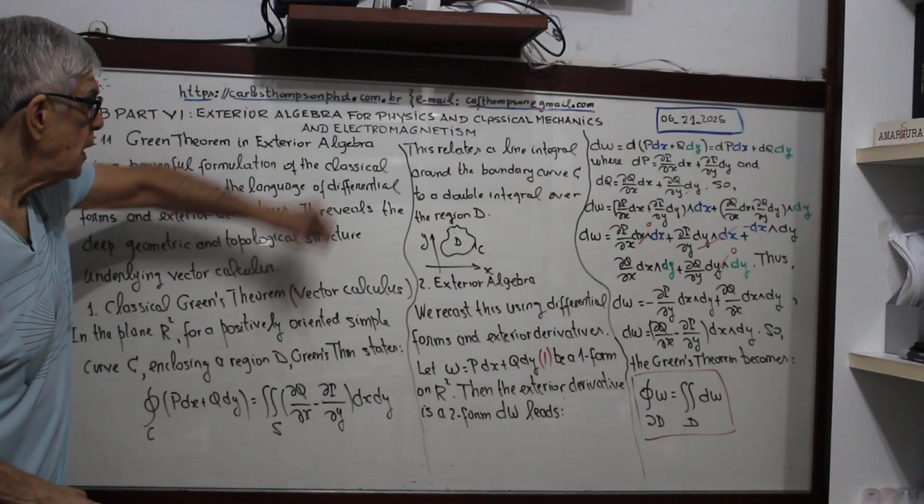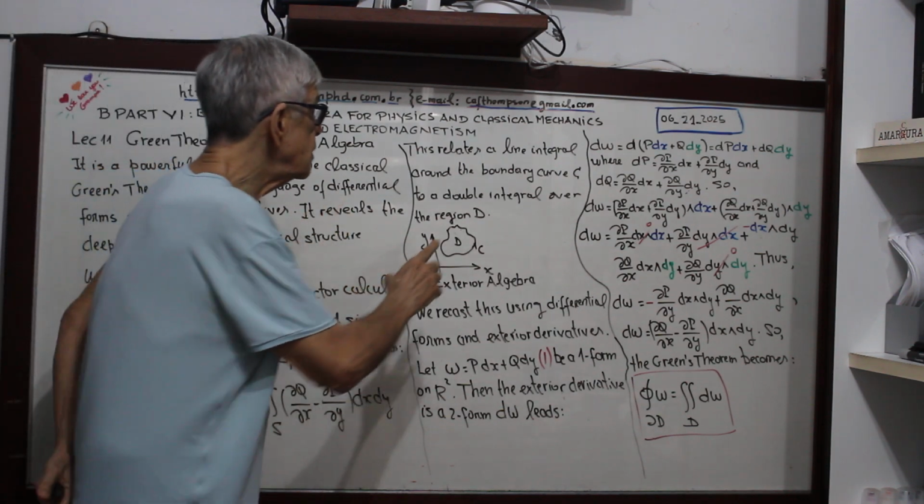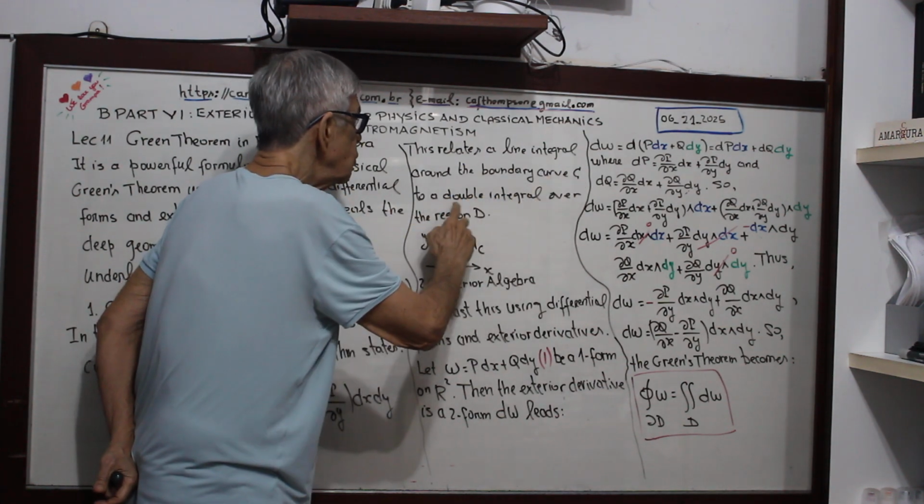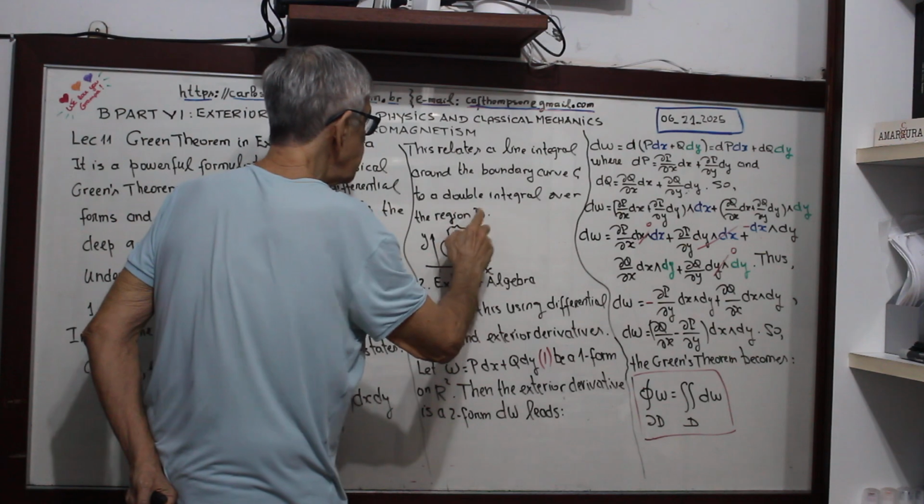This relates the line integral around the boundary curve C to a double integral over the region D.